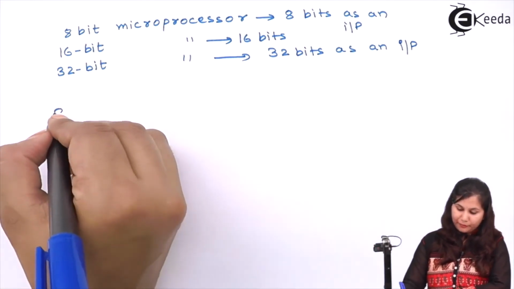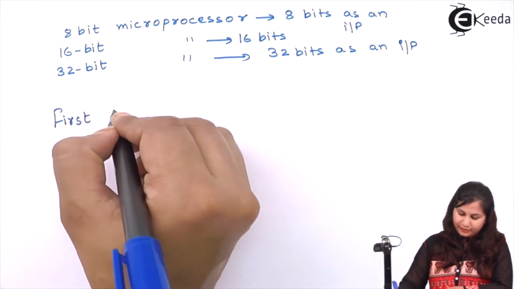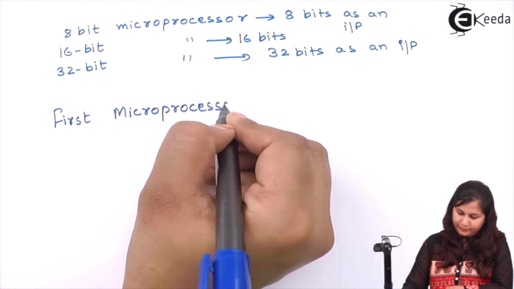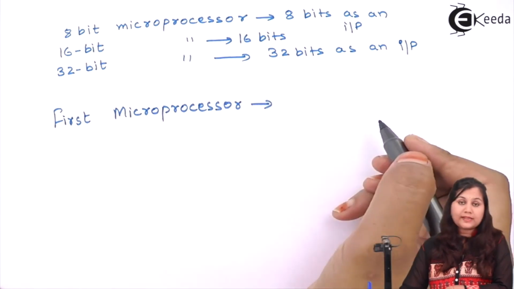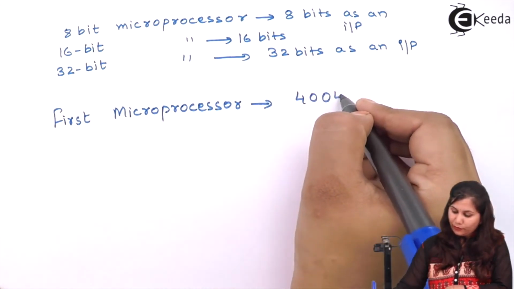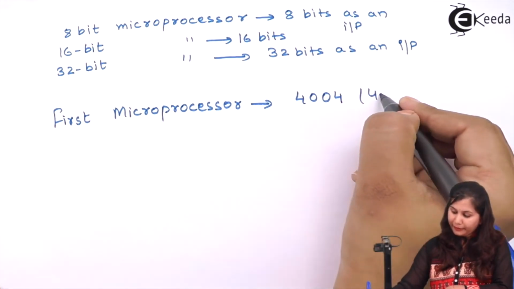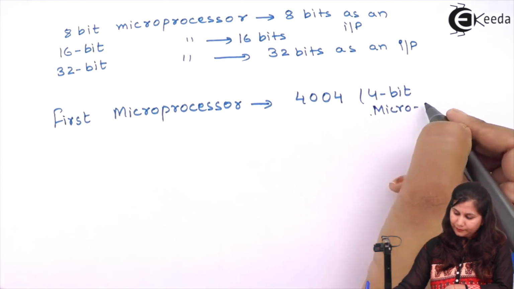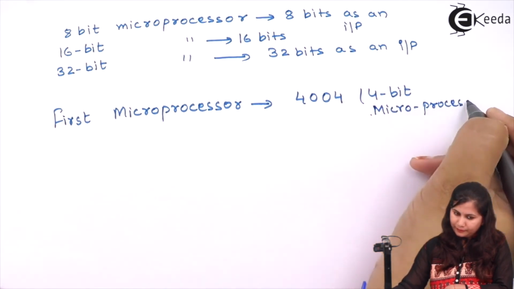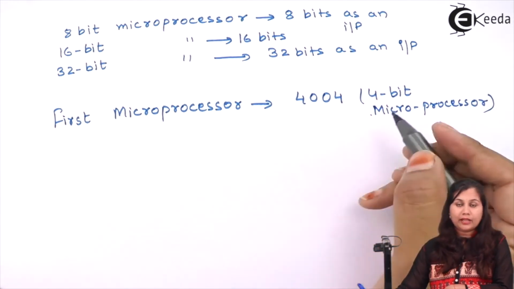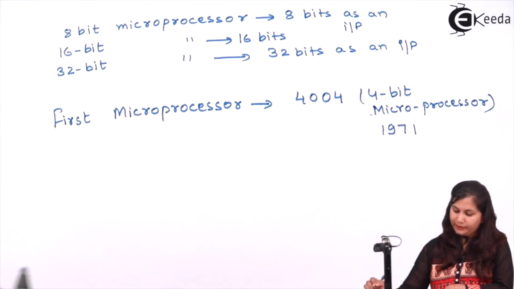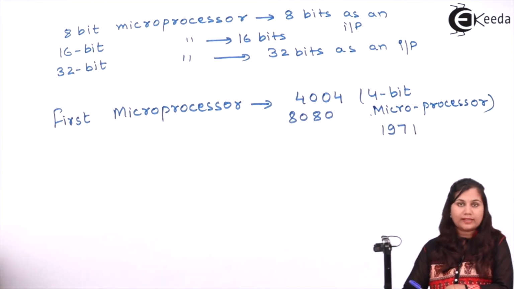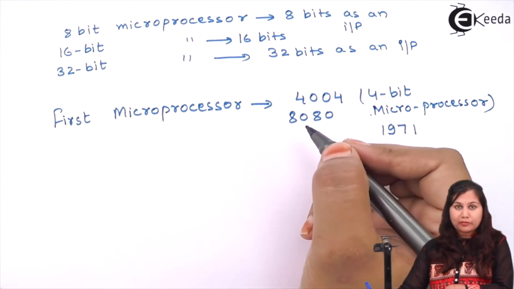Now the first microprocessor was the 4004. It was a 4-bit microprocessor developed in 1971. After that, the 8080 microprocessor was developed. It was an 8-bit microprocessor.